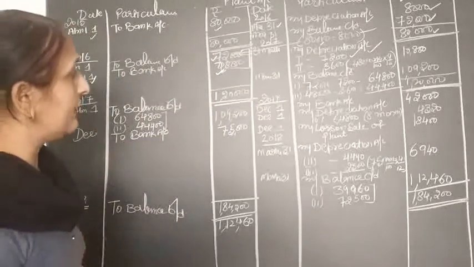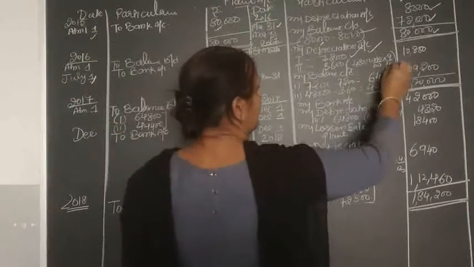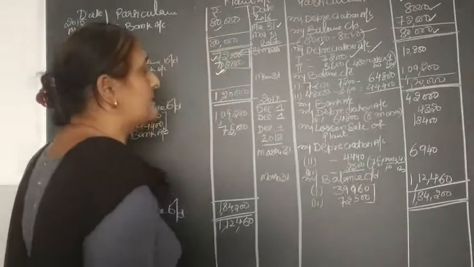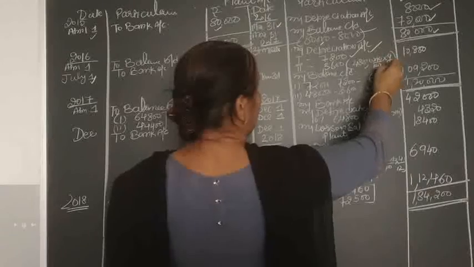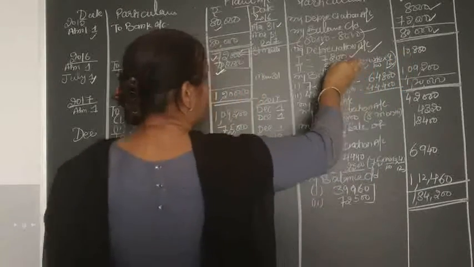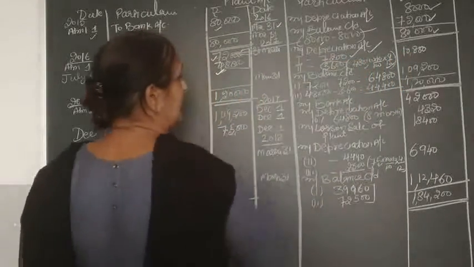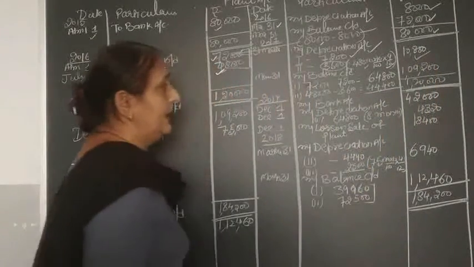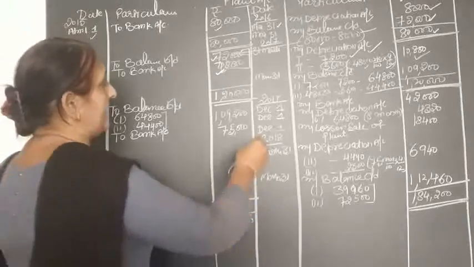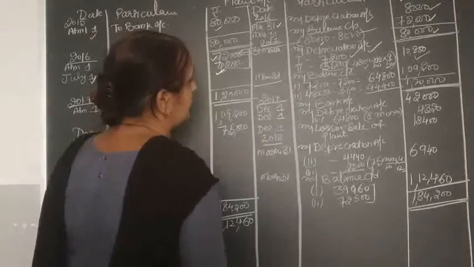So July to 31st March, 9 months depreciation will be provided on the second plant. And the value of the second plant is 48,000 into 10 by 100 into 9 by 12. So the depreciation on the second plant is 3,600, and the total depreciation 10,800.